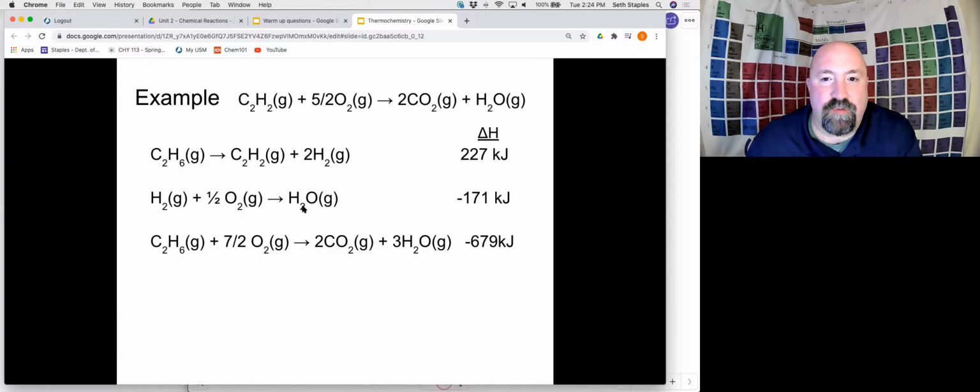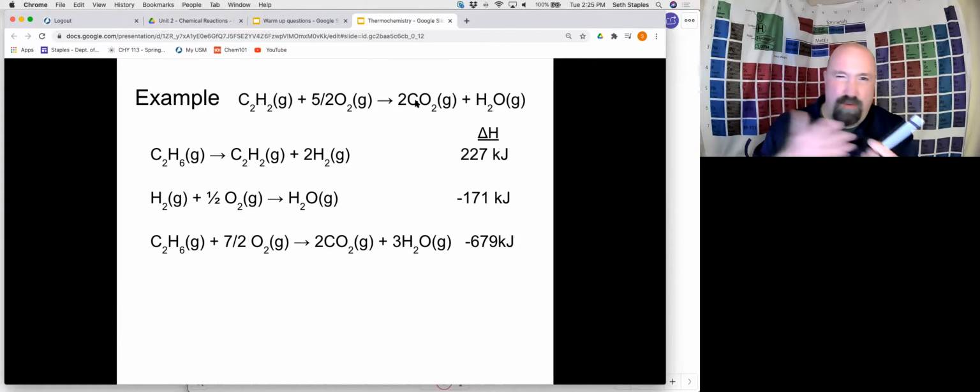Sorry, I need H2O as a product. But if we look through some of these other equations, I see that I am going to want two CO2s as a product. So this is where you've got to sort of go through it and really investigate and go back and forth with some of this. But I want two CO2s as a product, which the third equation does give to me.